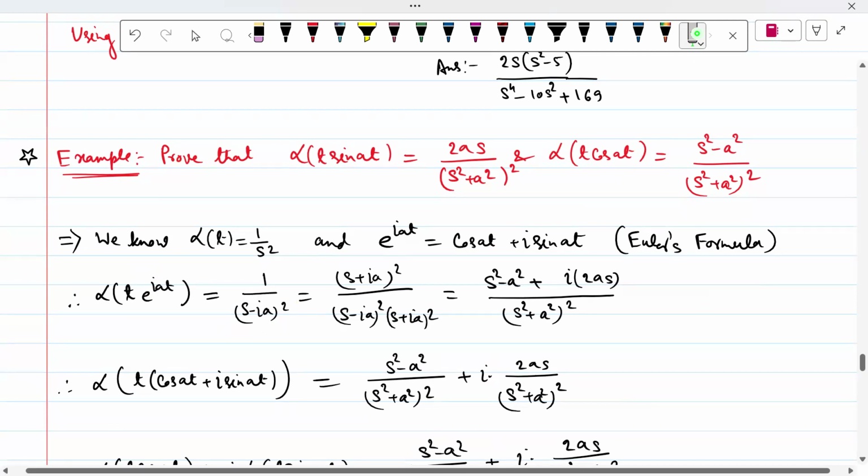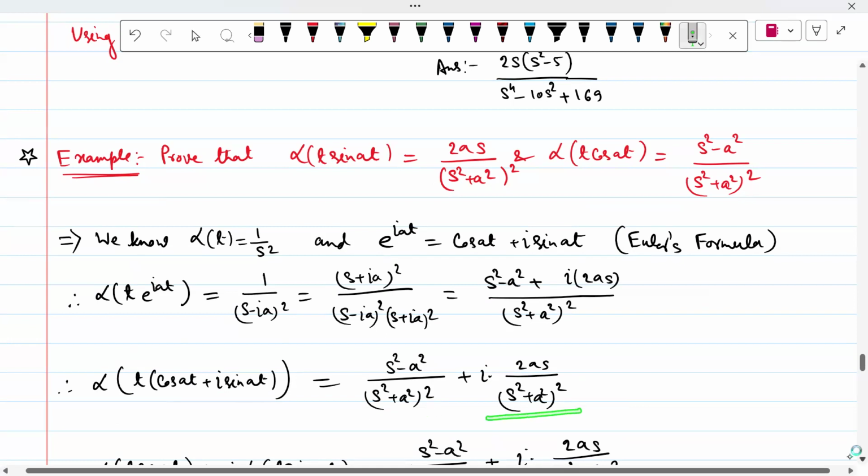Now we rationalize this by multiplying the numerator and denominator by (s plus ia) whole square. Simplifying this, we get (s square minus a square) plus i times 2as, all over (s square plus a square) whole square. By Euler's formula, the Laplace transform of t e to the power iat equals the Laplace transform of t times (cos at plus i sin at), and we break this into the real part and the imaginary part.